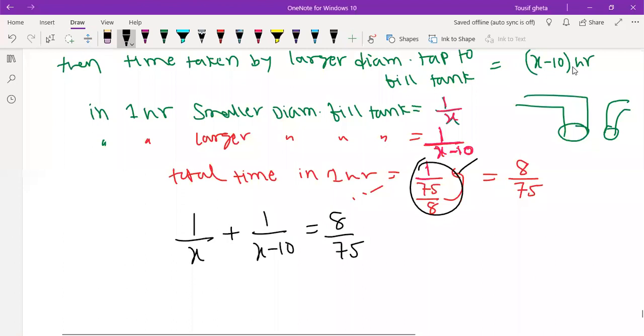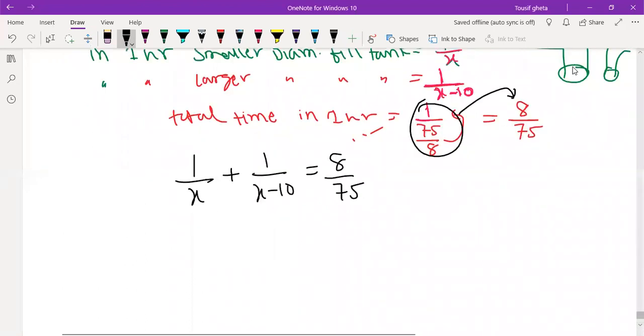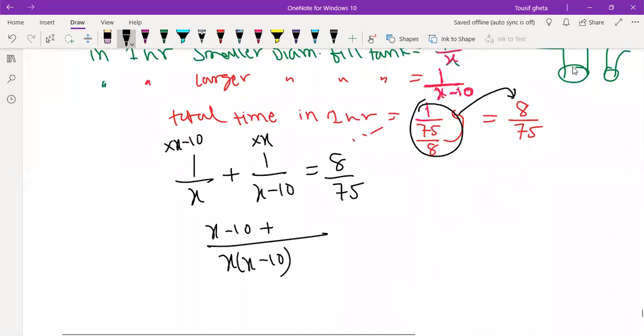So now you can carry on your work. This is the actual step. LCM of x minus 10. So we will get (2x minus 10) divided by (x square minus 10x).